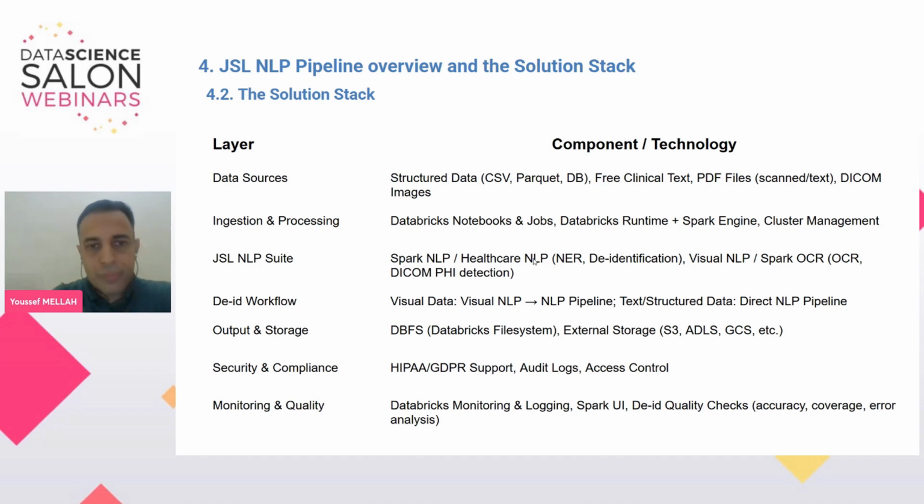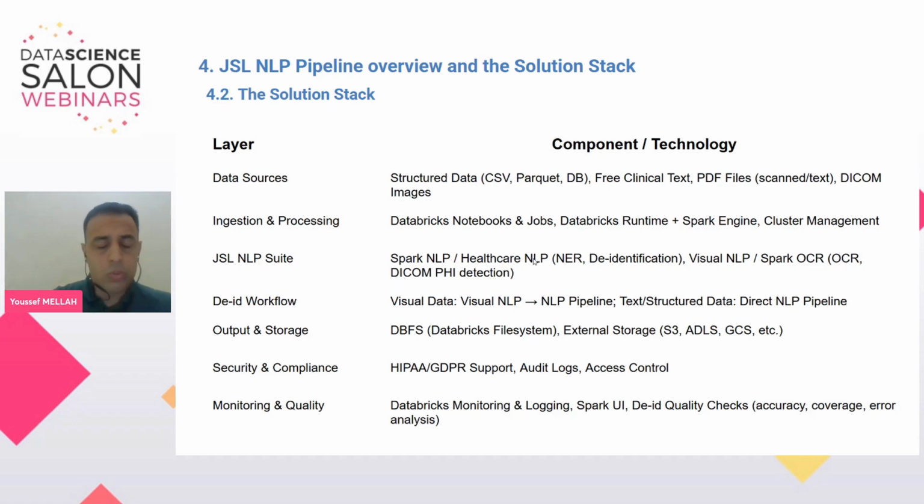For the identification workflow, it is the same. If we have visual data, we apply Visual NLP, then feed the output into the NLP pipeline. Otherwise, if we have just textual data or structured data, we can just use the Healthcare NLP pipeline to detect PHIs, then identify them according to the business rules.